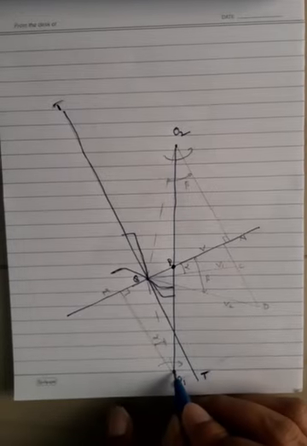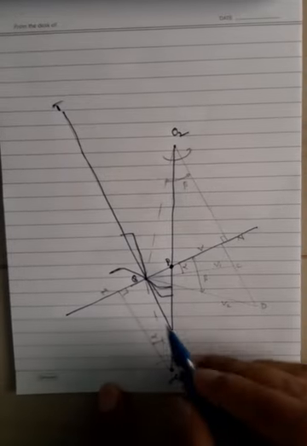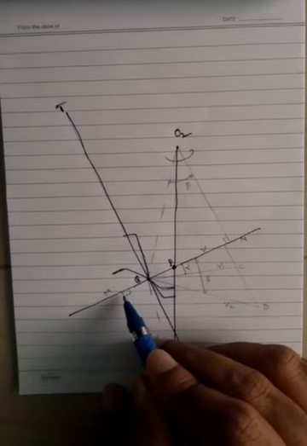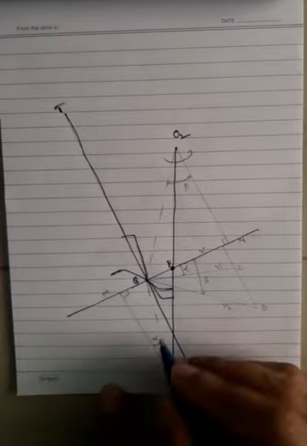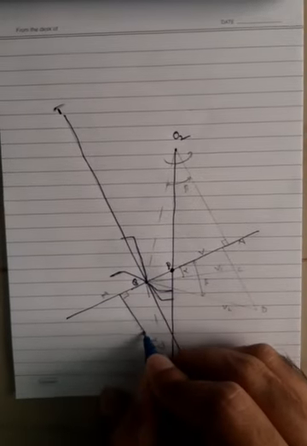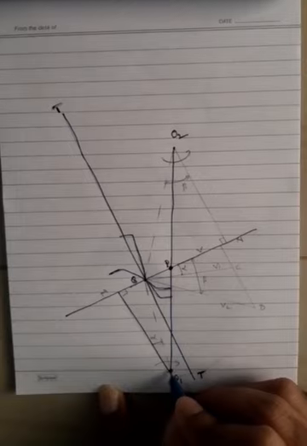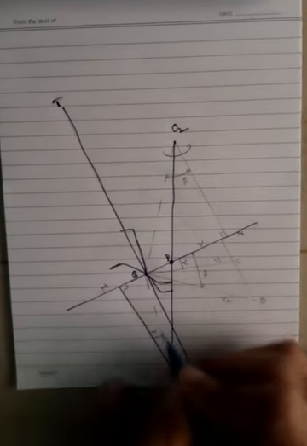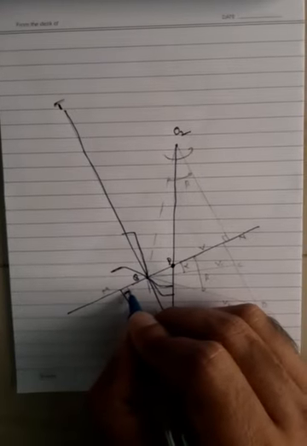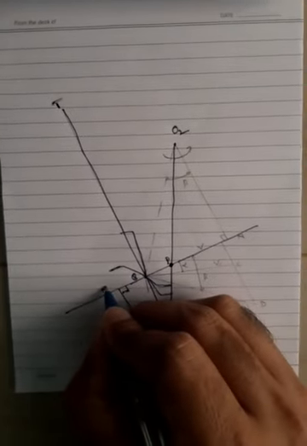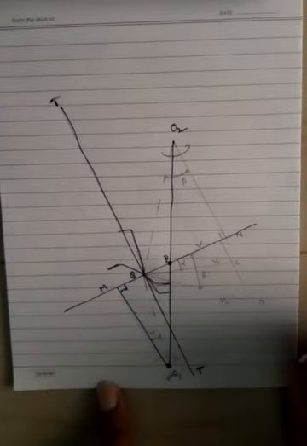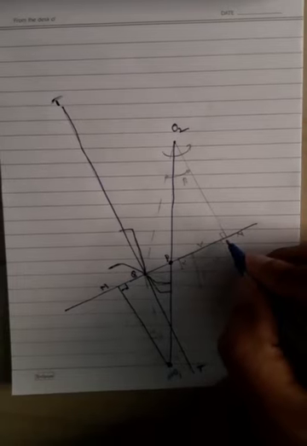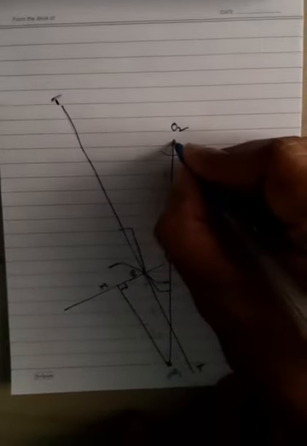Next, let us draw a line perpendicular to the normal joining O1. So this is a perpendicular to the normal which is joined to O1. Let us call this point M, and similarly let us draw a perpendicular line to the normal which joins O2.